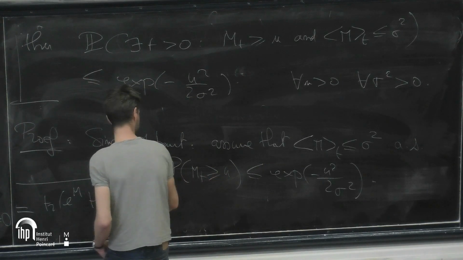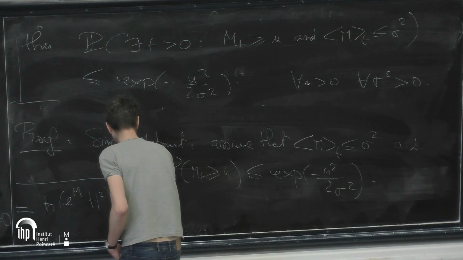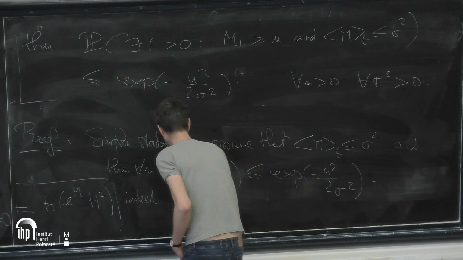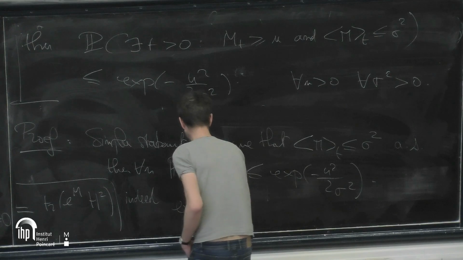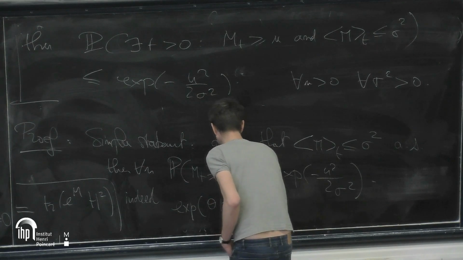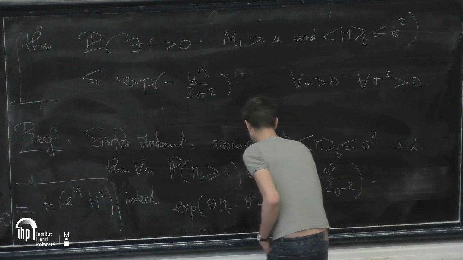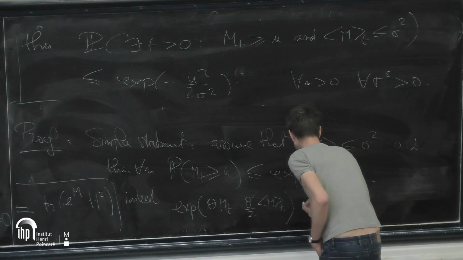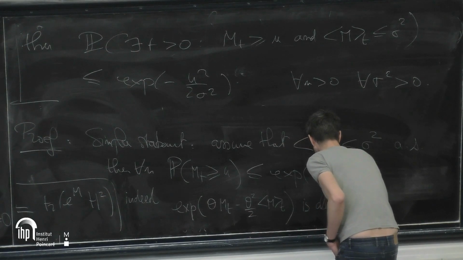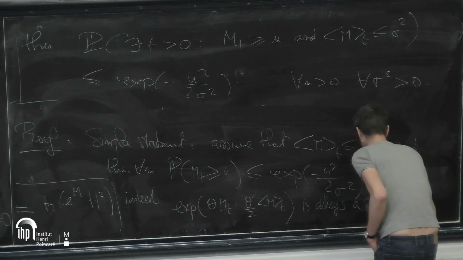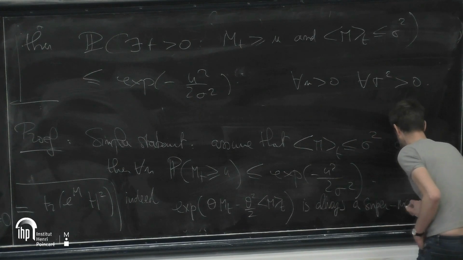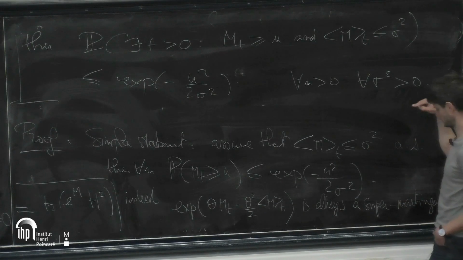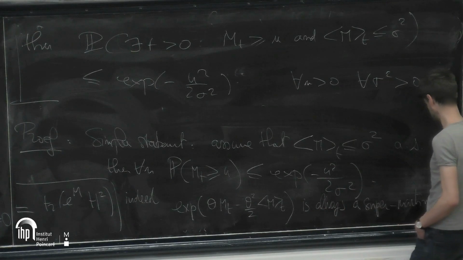And this is sort of easy because indeed, for any parameter theta, exp of theta MT minus theta square MT over 2 is always a supermartingale. So supermartingale, the terms are kind of confusing.